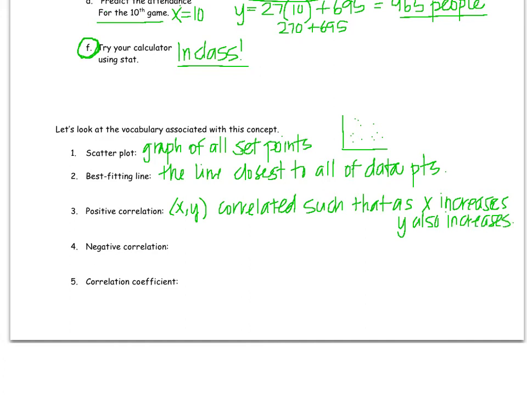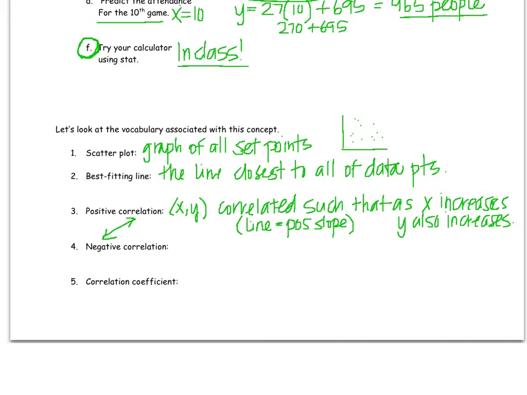A positive correlation basically also will mean a line would have a positive slope. So if I could model my data with a line, it would look like the slope of the line is positive.